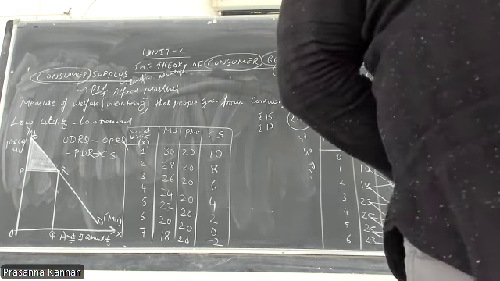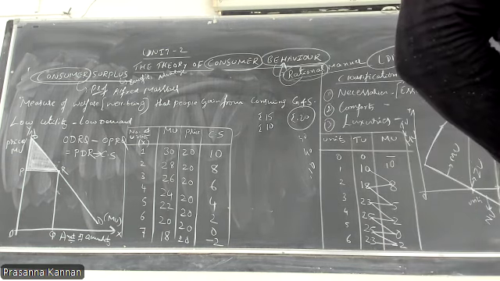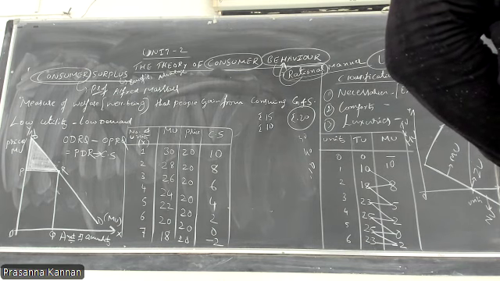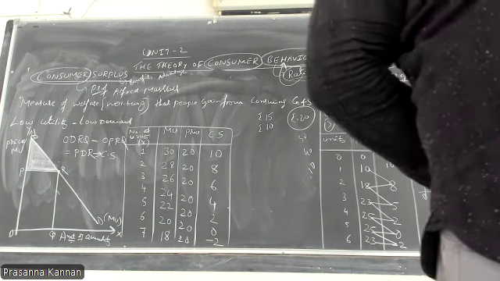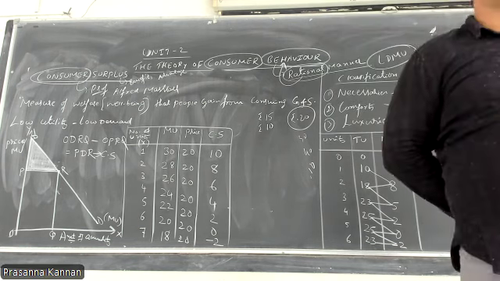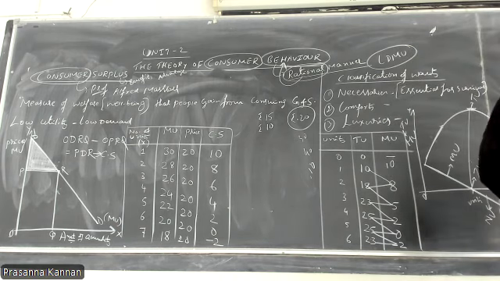Correct? The consumer is willing to pay for the commodity, and what he actually pays for the commodity.